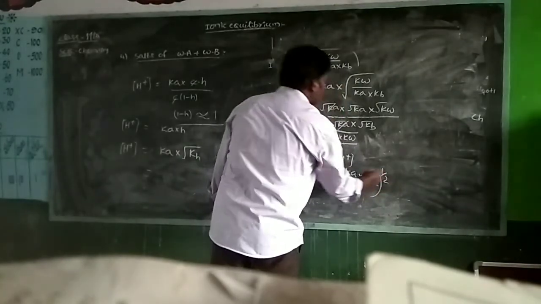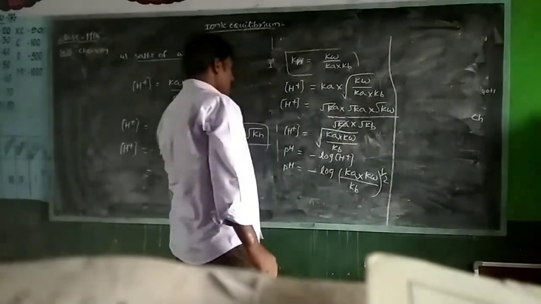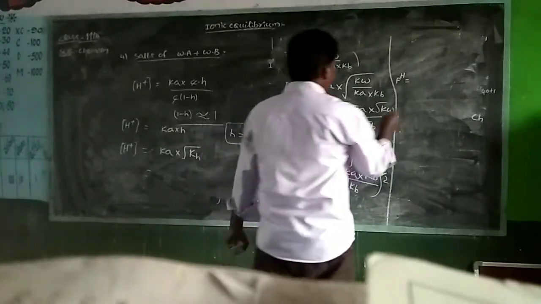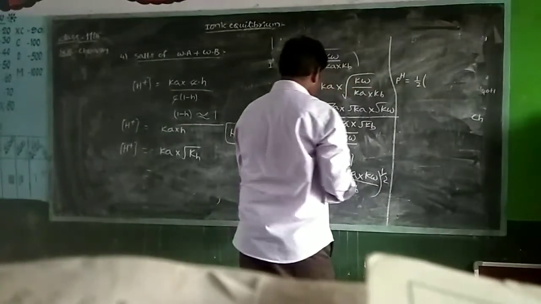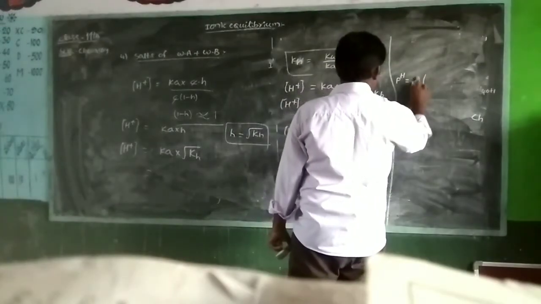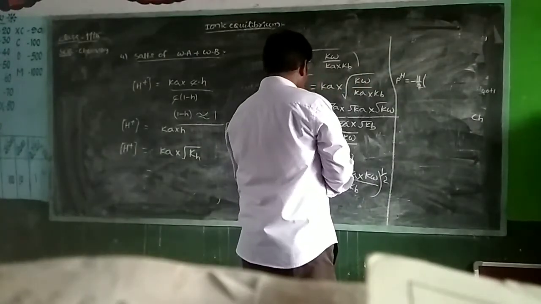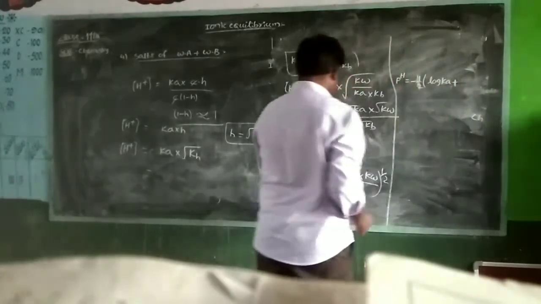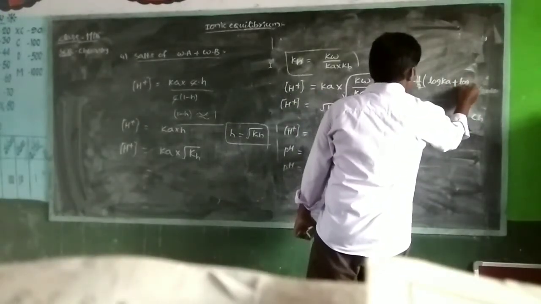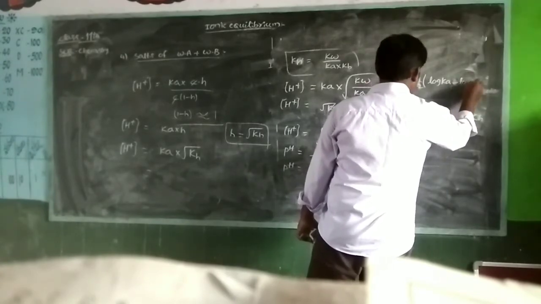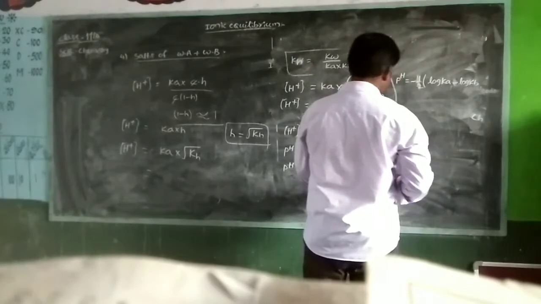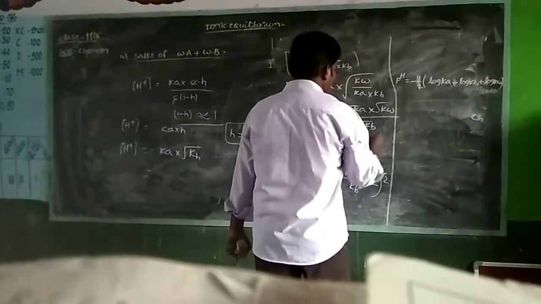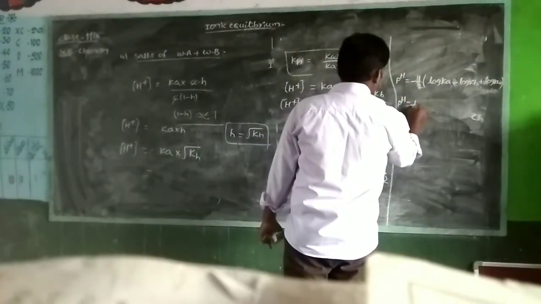You can write the pH value as half of minus log Ka plus log Kw minus log Kb.